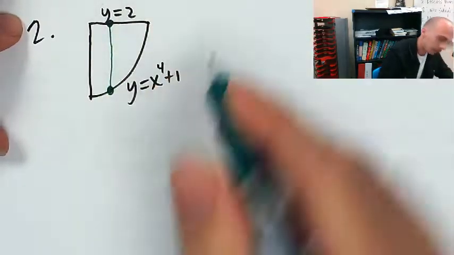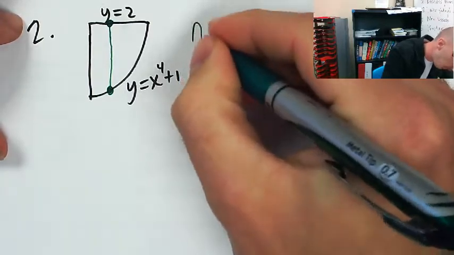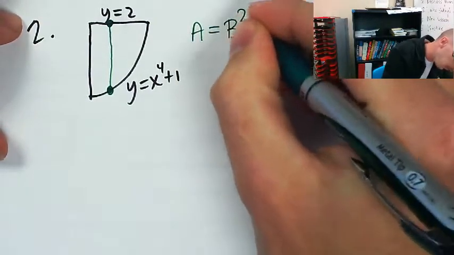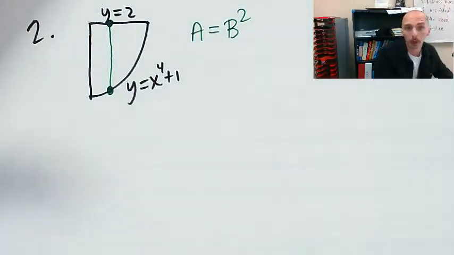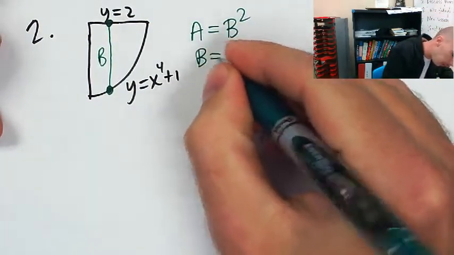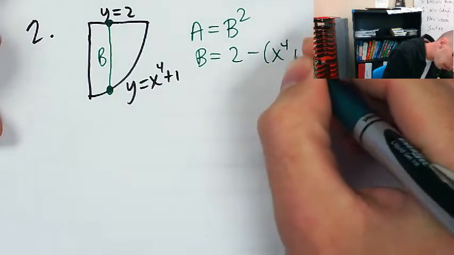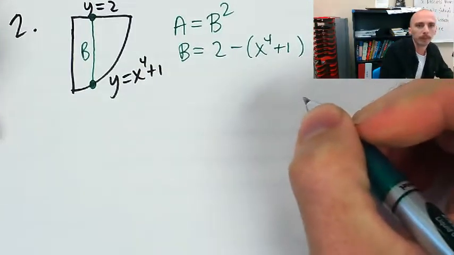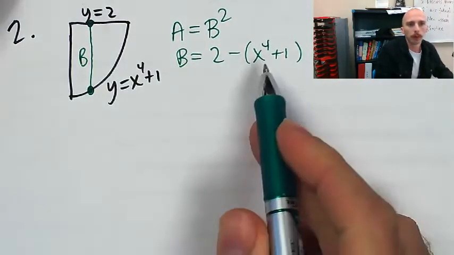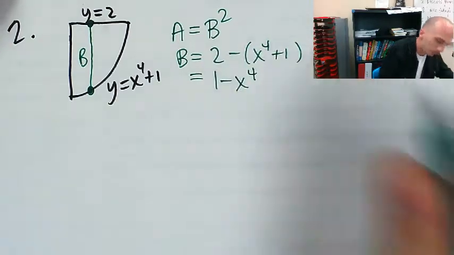So I took a cross-section there. The cross-sections themselves are squares, and I know the area formula for a square is you take the base of the square and you square it. The base equals top minus bottom. 2 minus 1 is 1, so this is equal to 1 minus x to the 4.